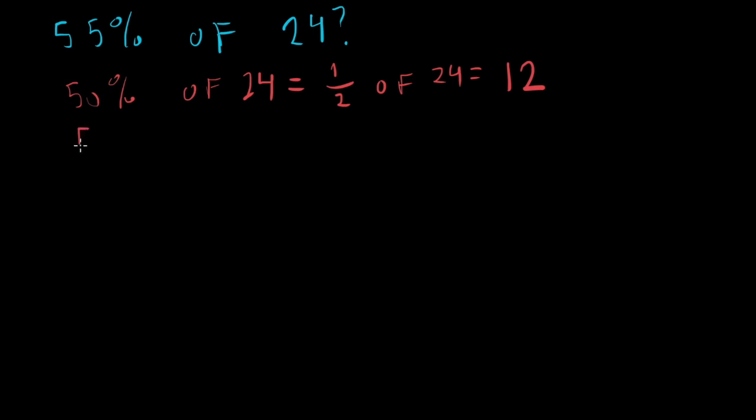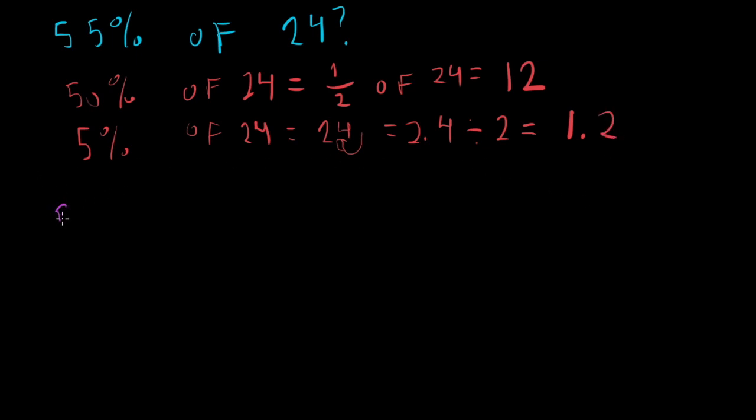And then we can say 5% of 24. Okay, now remember to do this, we get 10%, so that's gonna be 24, move 1 to the left, so that's gonna be 2.4. And then we find half of that, which is 1.2. And then we say, okay, 50% plus 5% is equal to 55%.